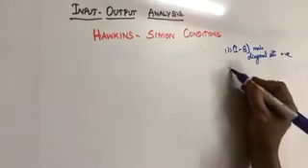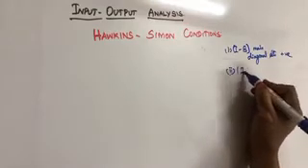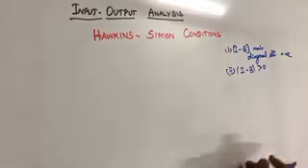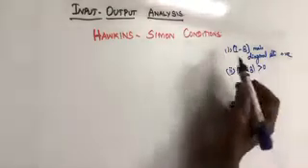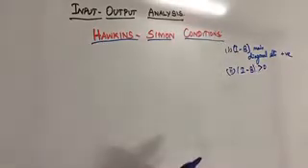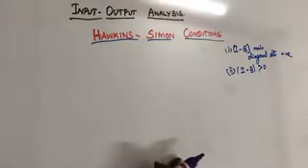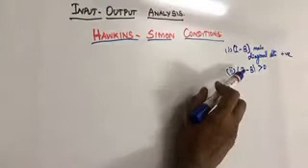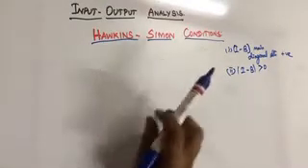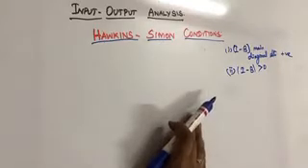The second condition is the determinant of I minus B should be greater than 0. It also must be positive. These are the two Hawkins-Simon conditions. We need to verify them. If it satisfies the two conditions, then the system is viable. If not, then the system is not viable.